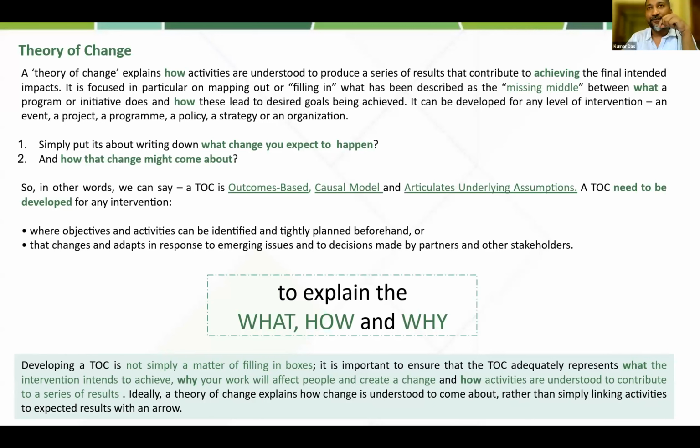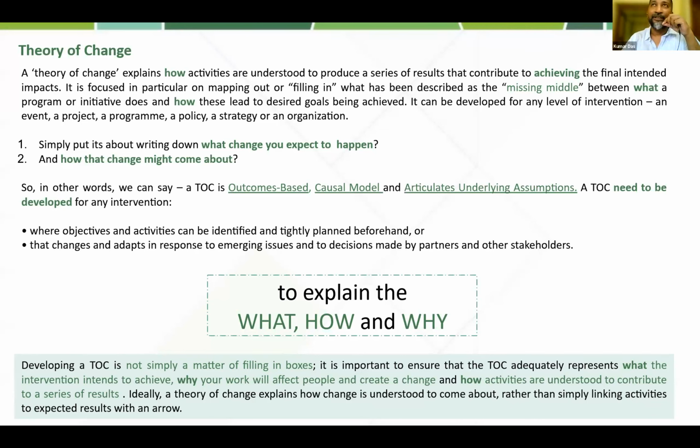Simply put in a line, it is writing down what change you are expecting and then working backward to understand how that change might come about. Or in other words, a ToC is an outcome-based causal model which articulates underlying assumptions and can be developed for any intervention.